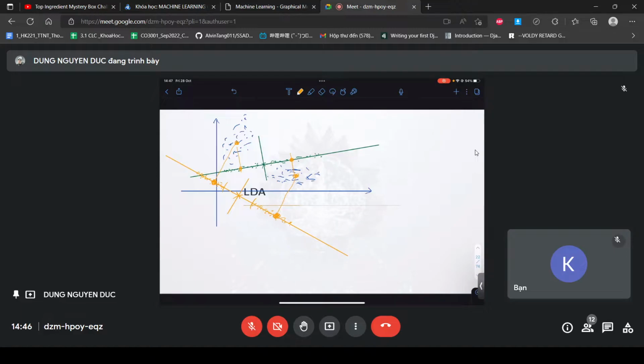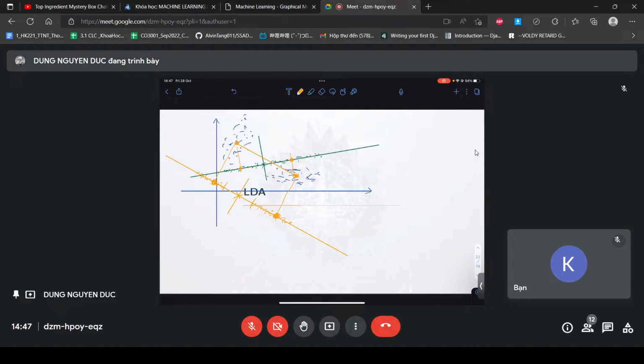All right. So the first principle here is that we are interested in separating the distance between two classes of data as far as possible. Okay. So some people may argue, why don't we just project our data onto the direction of mean one and mean two?